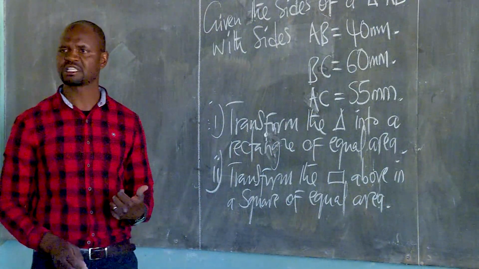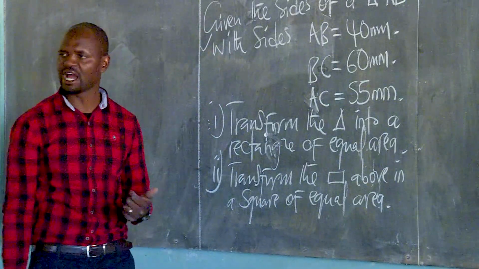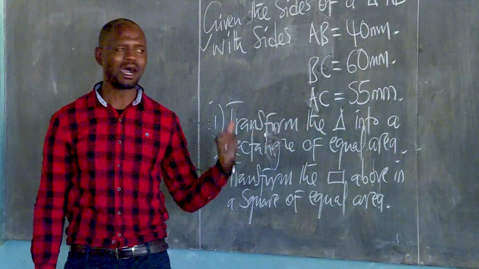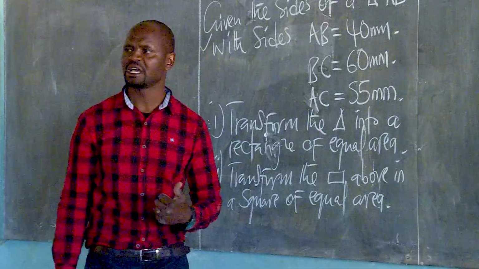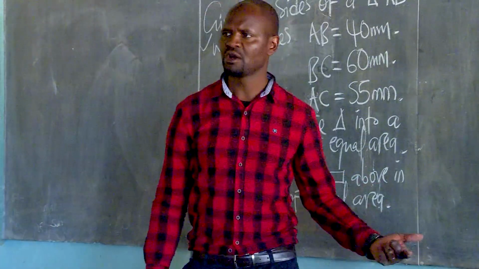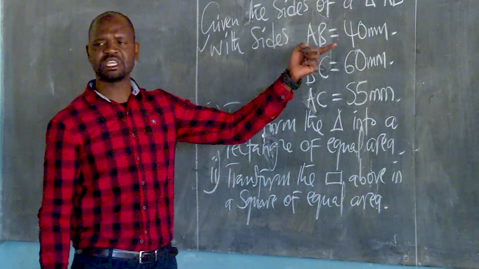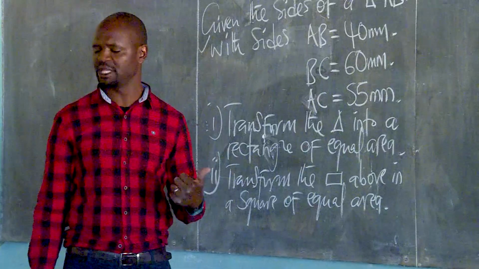So, first things first, we are going to draw this triangle given these measurements. So, how do you go about this one? Very simple. First thing, write a baseline where you are going to draw the base AB with a measurement of 40 millimeters.